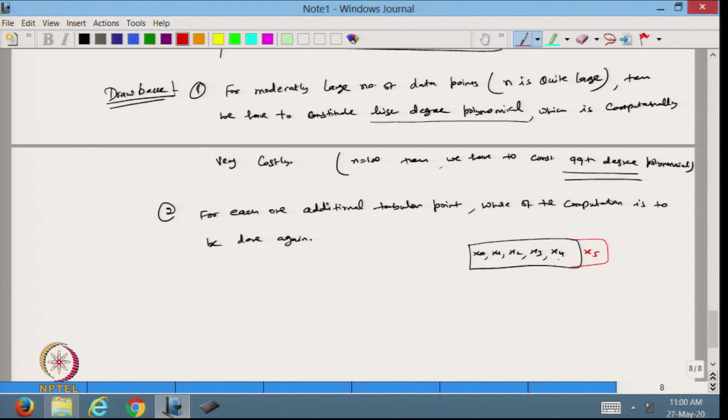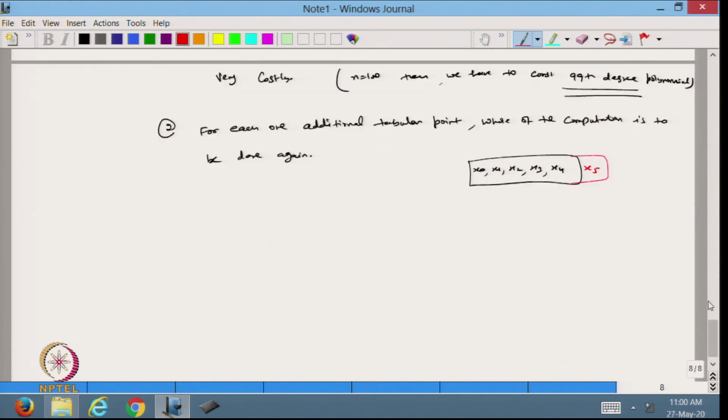In this case I have to constitute the whole process again, so that I am able to write the 5th degree interpolating polynomial now. So if I add just one point, then the whole process has to be repeated, and the whole computation has to be done again and again.